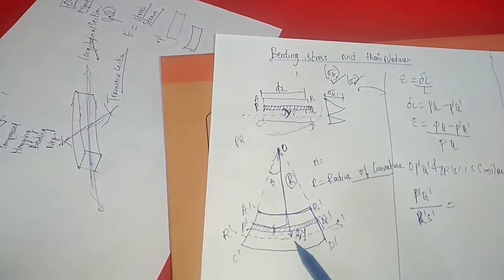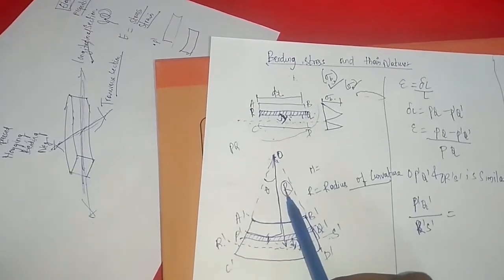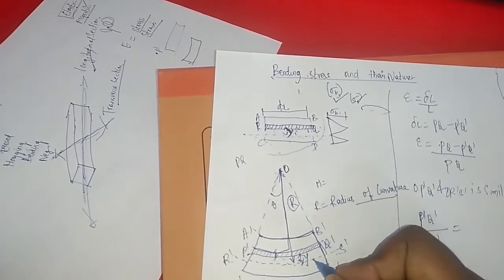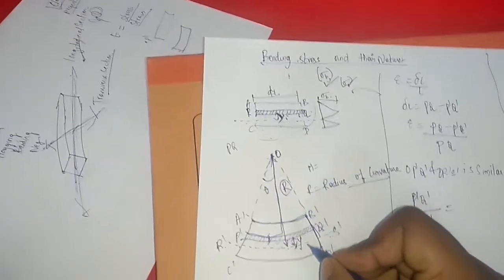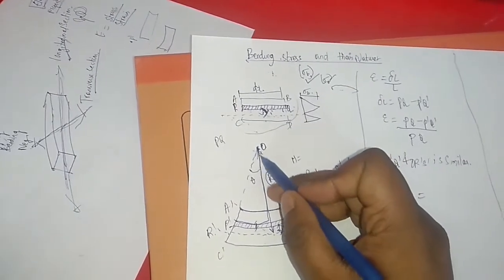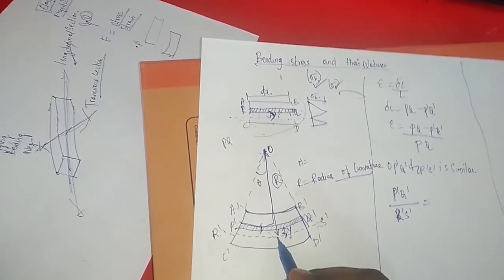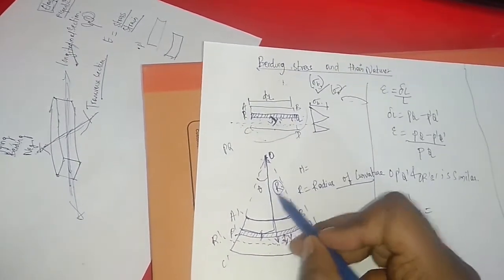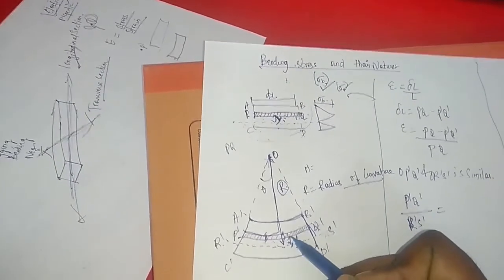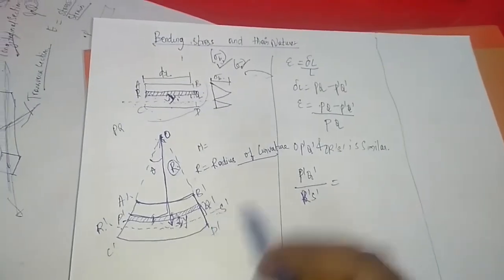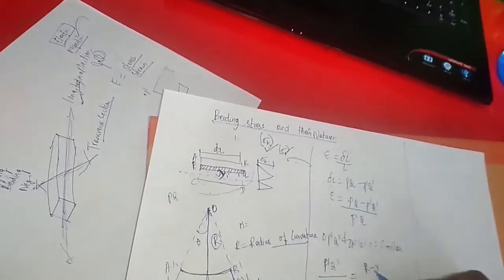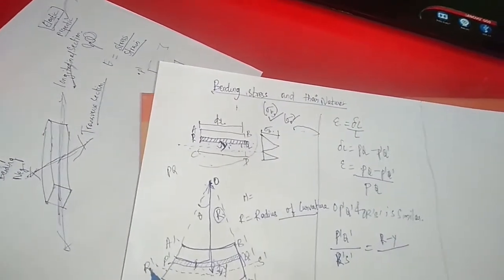The total distance from the neutral axis is R, and y is the distance from the neutral axis to this strip. R is the distance from the point O to the neutral axis. If you subtract y from R, you get the thickness of this particular strip. So the P' Q' thickness is R minus y, divided by R'. What is R'?